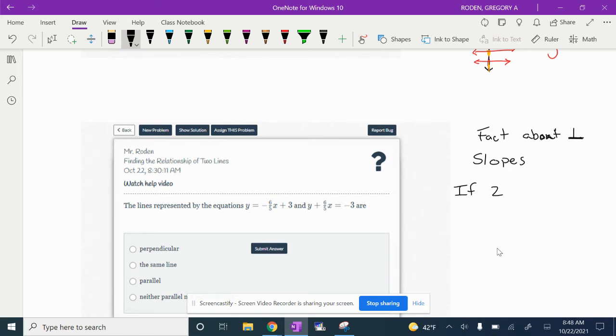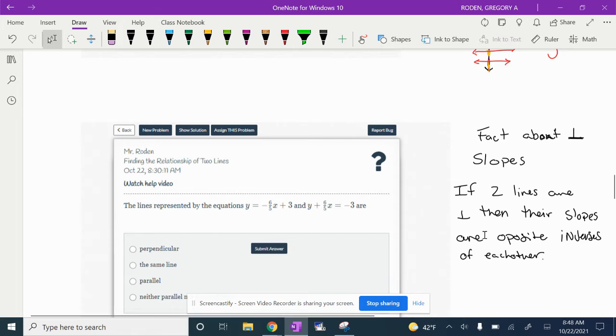If two lines are perpendicular, then their slopes are opposite inverses of each other.